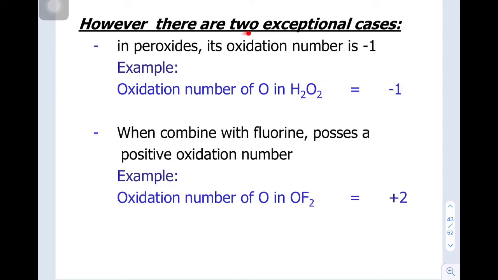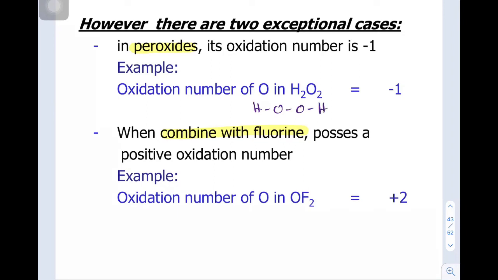However, there are two exceptional cases for the oxidation number of oxygen. The oxidation number of oxygen is not -2 anymore if it is in a peroxide, or if that oxygen is combined with fluorine. For example, in hydrogen peroxide, H2O2, the formula is HOOH.